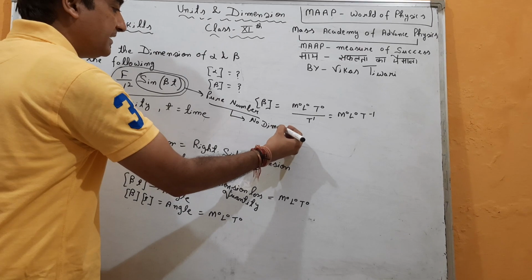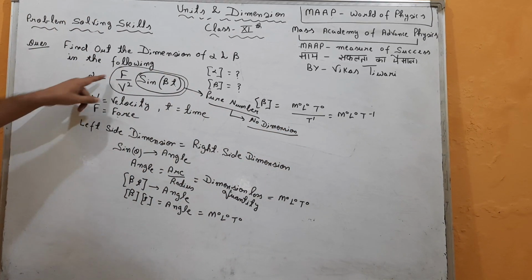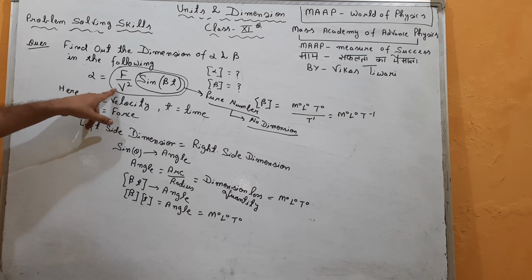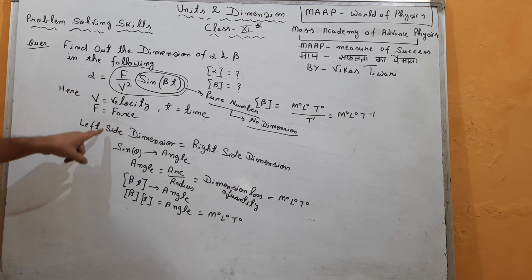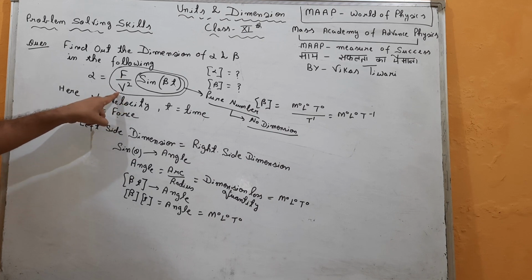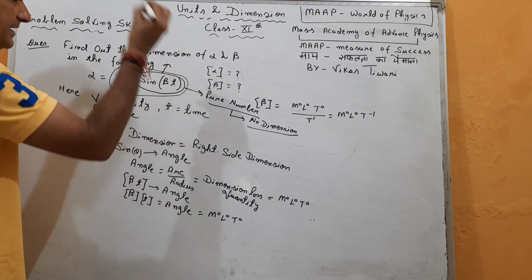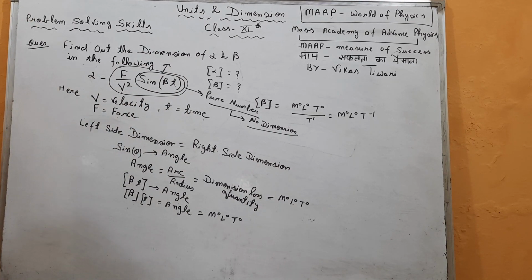So there is no dimension of sine theta. The remaining part is F and v square. F is force, and v is velocity. And the sine part doesn't have any dimension.